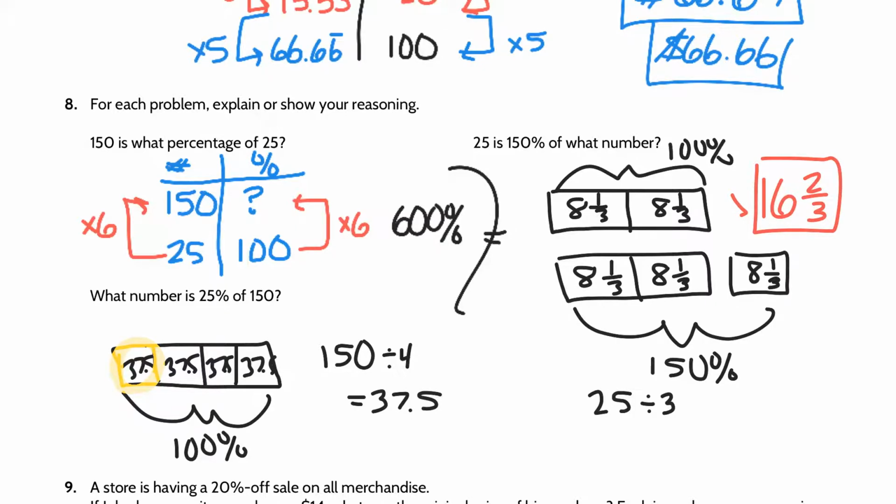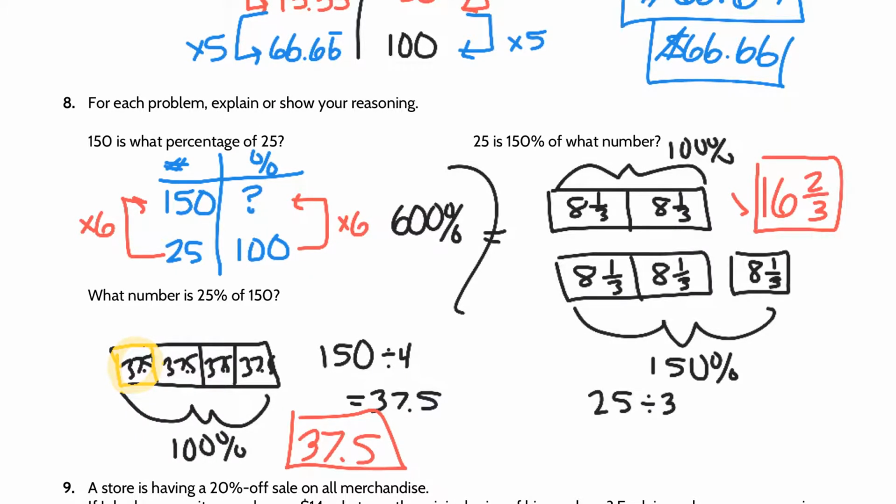And so my solution then is 37 and a half. So 37 and a half is 25% of 150. It's okay to be getting decimals on here, guys. Don't be intimidated or worried that you're getting decimal answers.